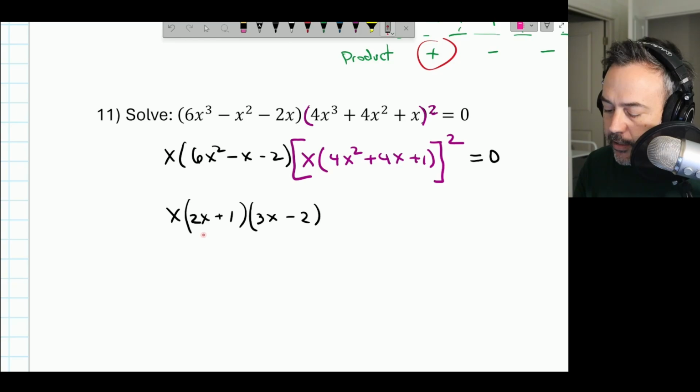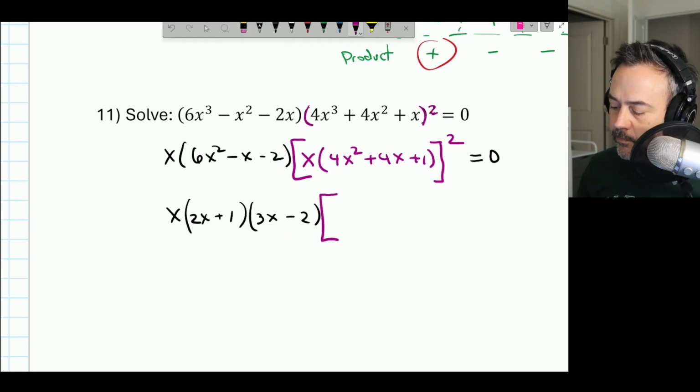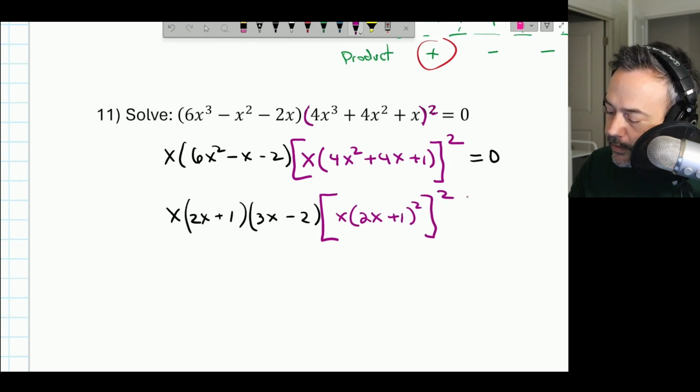Let's just mentally check. 2x times -2 is -4x. 3x times this is 3x. -4x plus 3x is -x. And 1 times -2 is -2. So we're good. Now inside of here, this is a perfect square trinomial, 2x plus 1 squared, but this whole thing is squared.